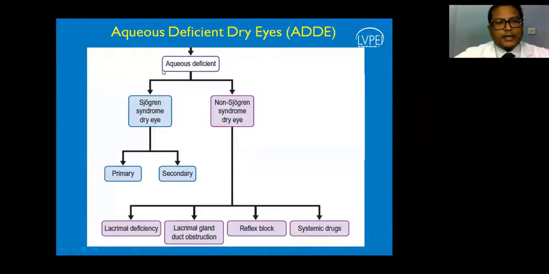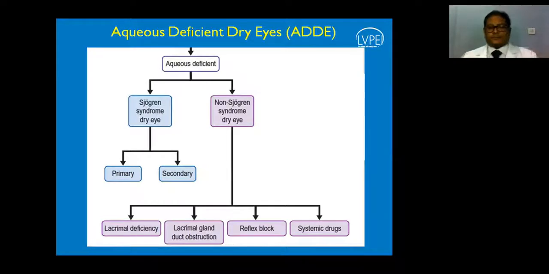The aqueous deficient dry eye can also be a non-Sjogren variety. The non-Sjogren variety can be due to a lacrimal gland failure or lacrimal deficiency, lacrimal gland obstruction in cicatrizing conditions, reflex block, which can be due to reflex-induced lacrimal secretion and reduced blink reflex and increased evaporative losses.